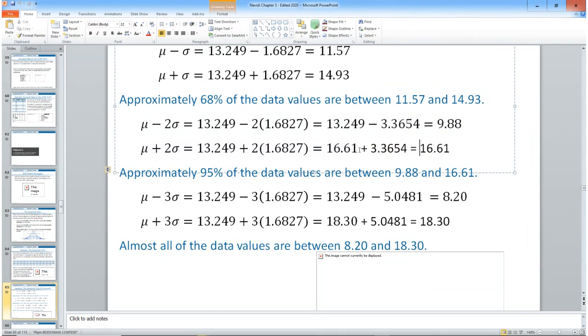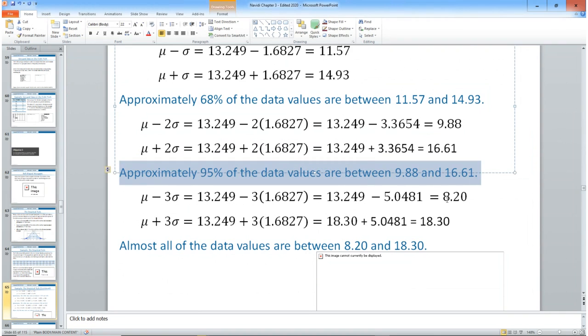And we add that same number to the 13.24, plus, and we get 16.61. So basically from 10 to 17, depending on how accurate we want to be, is the boundaries of the 95% of the data underneath there.